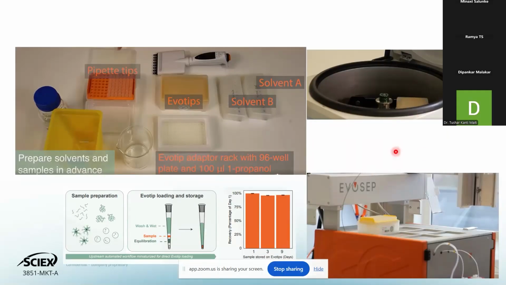And this Evotip box can be kept on the top of the LC system, and then the robotic arm in the Evosep will automatically take the tip, and the sample will be sitting on the tip, and the liquid from the Evosep LC system will enter the tip and take the sample out of the tip, and it will be injected to the nano LC column. So this is a very user-friendly and high-throughput manner that we are able to use.